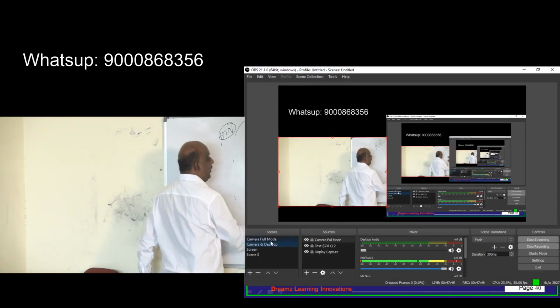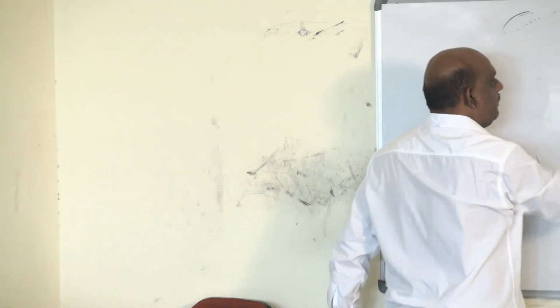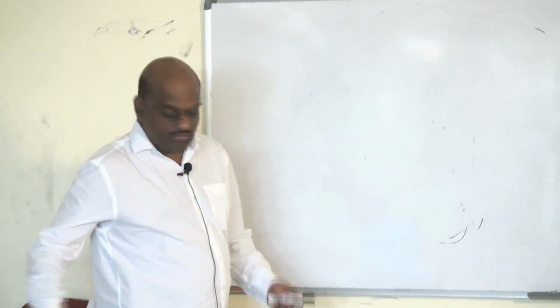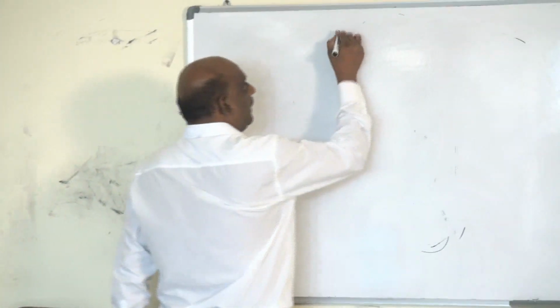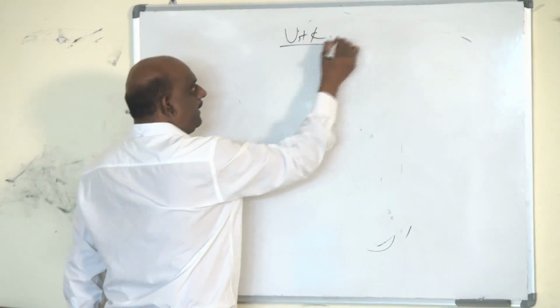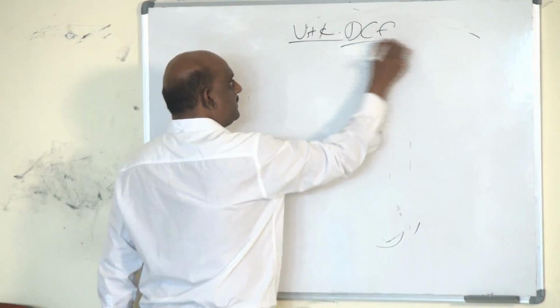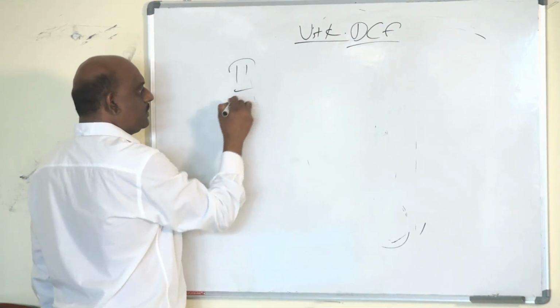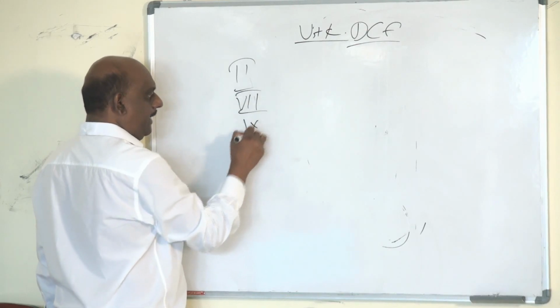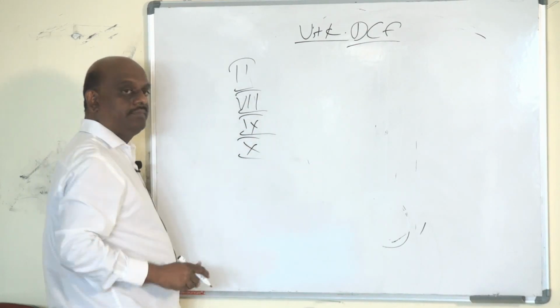So this is one important funda which you need to basically remember when you go to the exam. Vitamin K dependent clotting factors. What are they? 2, 7, 9 and 10.